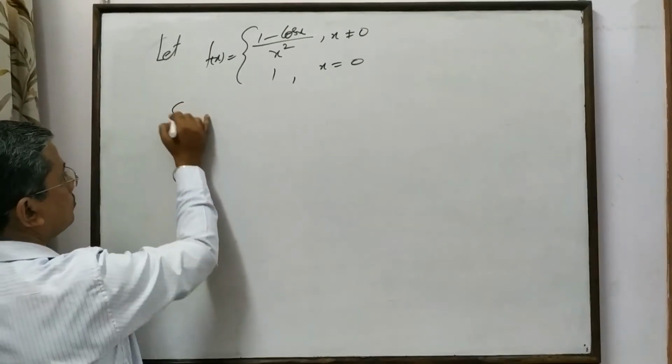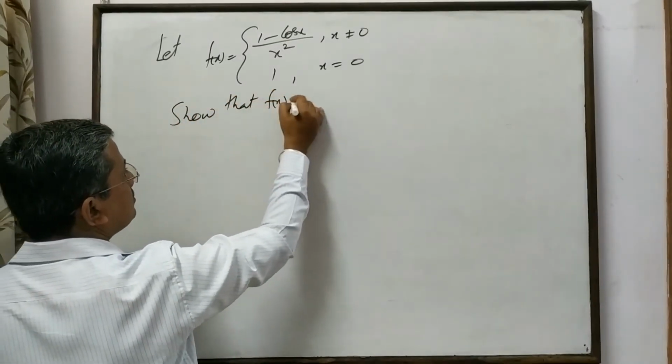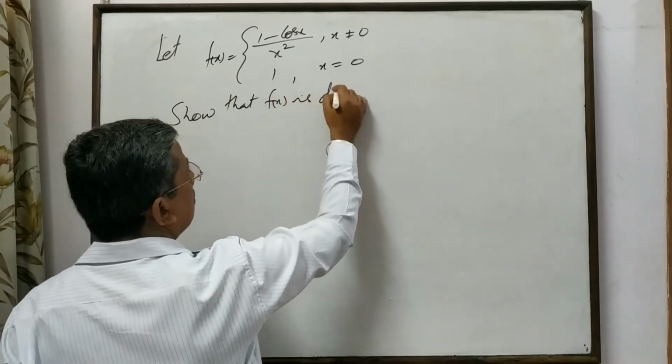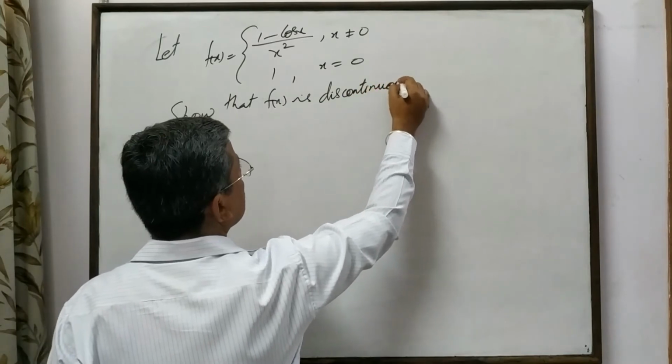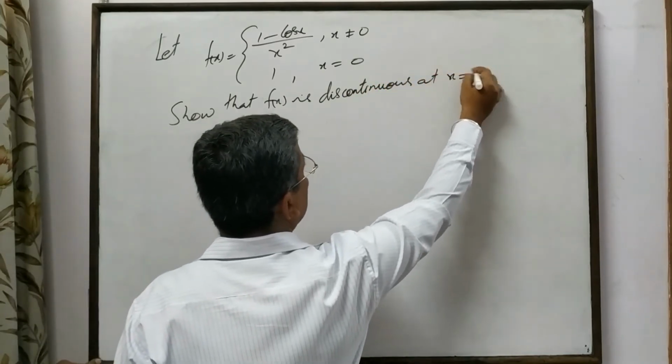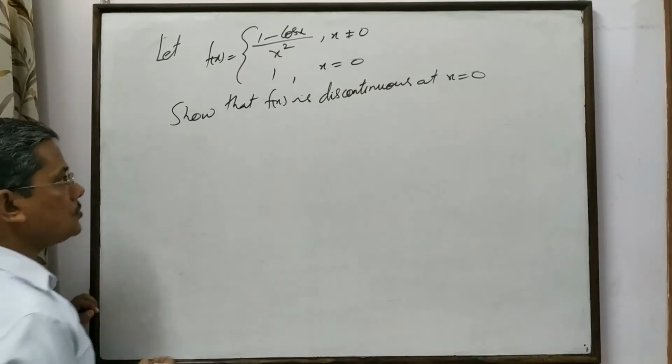Show that f of x is discontinuous at x is equal to 0. Discontinuous at x is equal to 0.